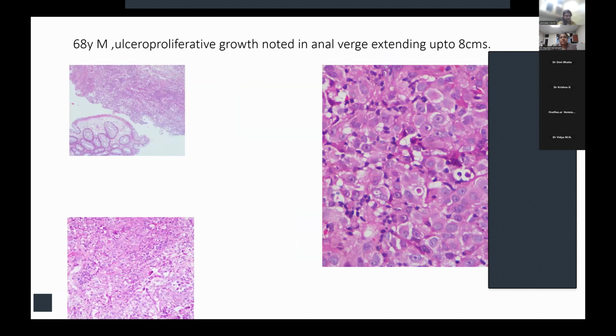So I just want to share an interesting case. This was a 68-year-old male who presented with an ulceroproliferative growth noted in the anal verge extending up to 8 centimeters. So we received a colonoscopic biopsy. Here you can see the colonic mucosa, and here you can see the ulcerated tumor fragments.